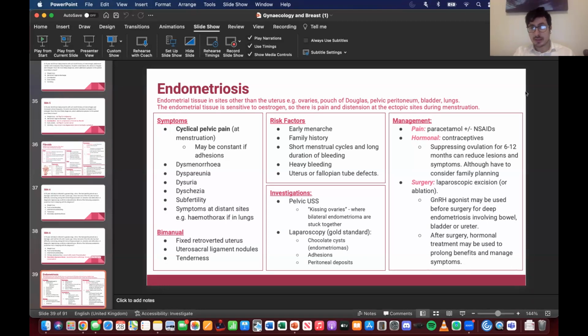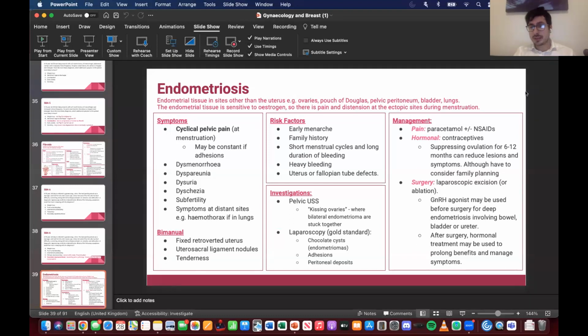In the surgery, it'd be, again, laparoscopically excising these ectopic tissues or ablating them. Sometimes when there is deep invasion of the tissue in the bladder or the bowel, you might need to use GnRH agonists to shut off the HPA axis like we discussed, and then perform the surgery so that it's more effective.